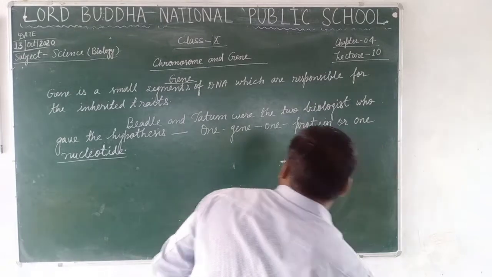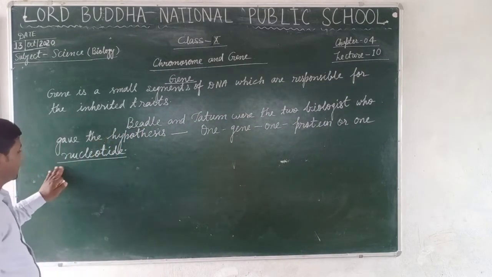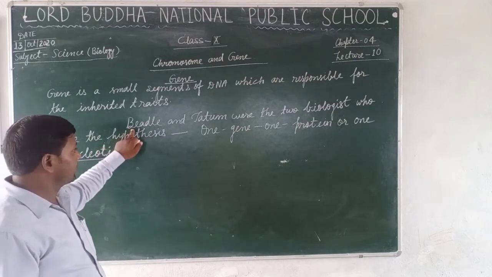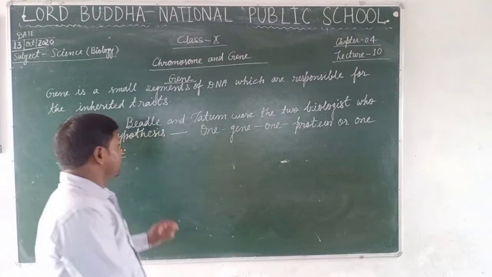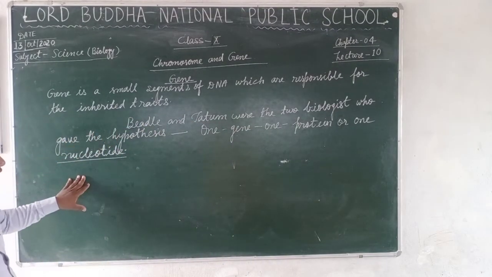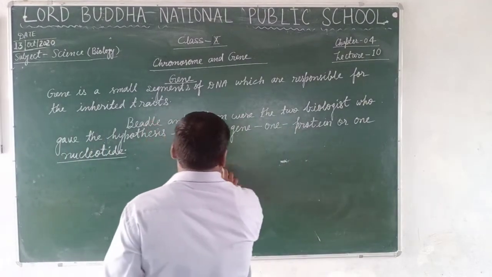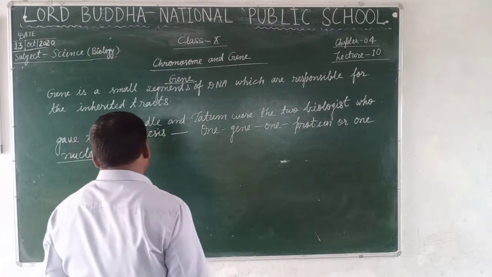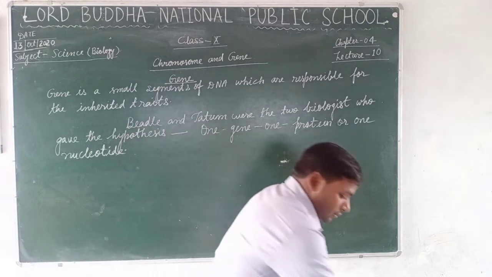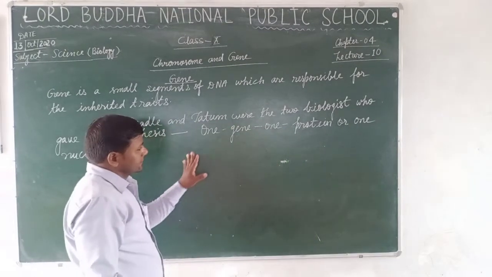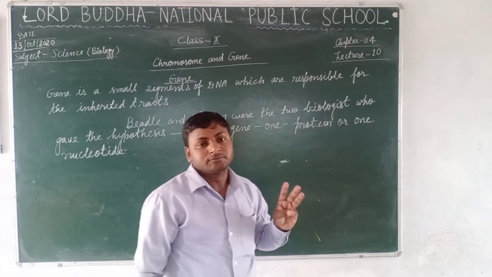So students, one gene, one protein, or one gene, one nucleotide is the hypothesis first given by Beadle and Tatum, and this hypothesis is recognized by the Central Dogma of Molecular Biology. It means one gene is responsible for the synthesis of a single characteristic.